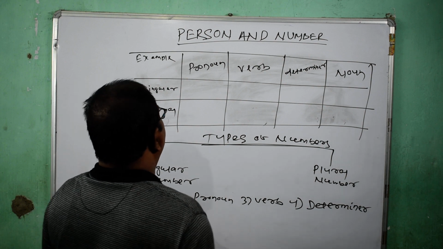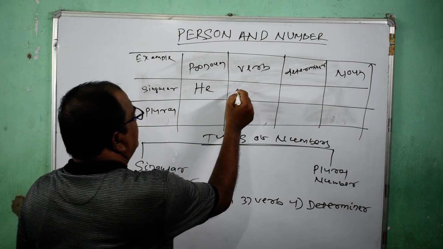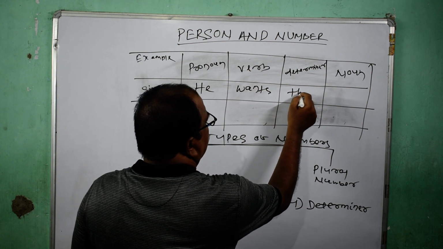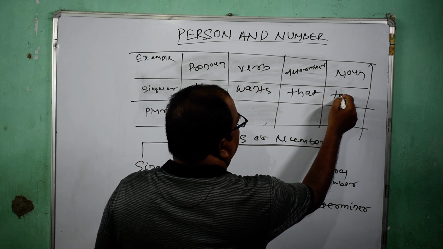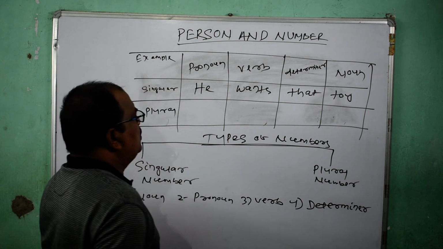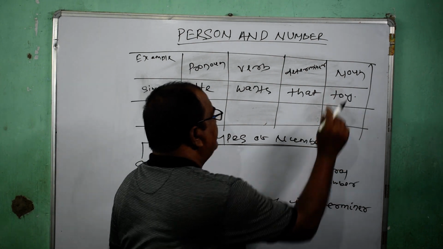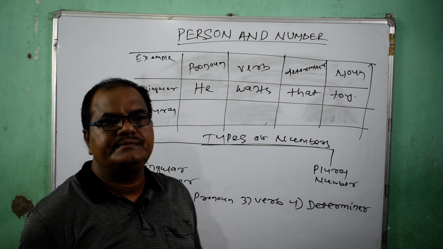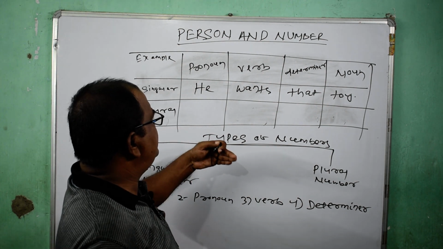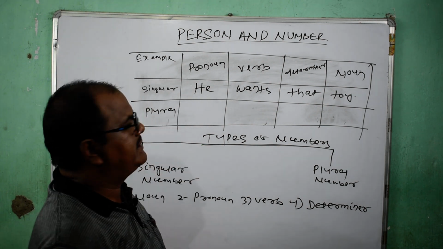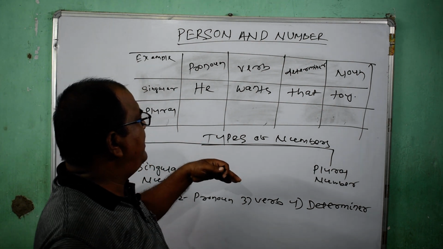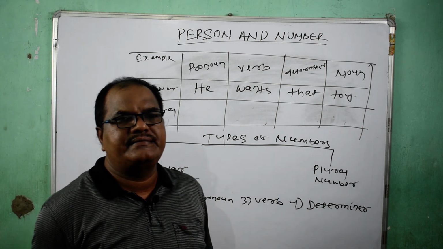The first example is: He wants that toy. Look at the sentence. He wants that toy. In this sentence, there are four words. They belong to different classes of words.